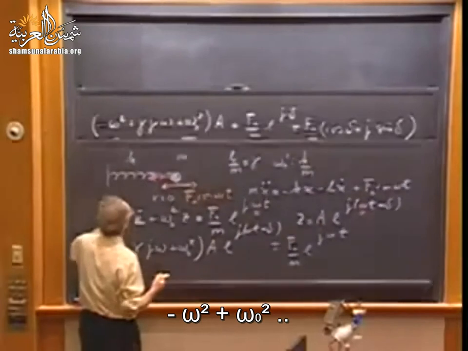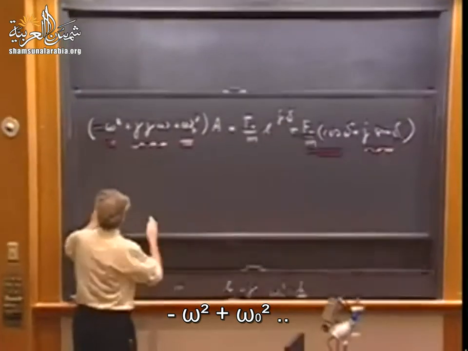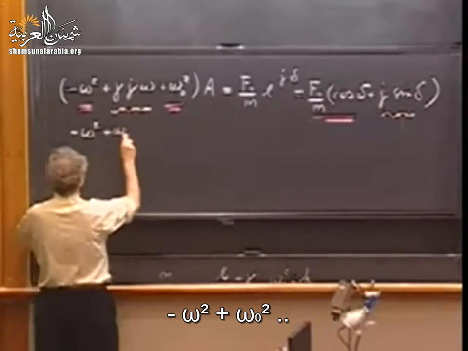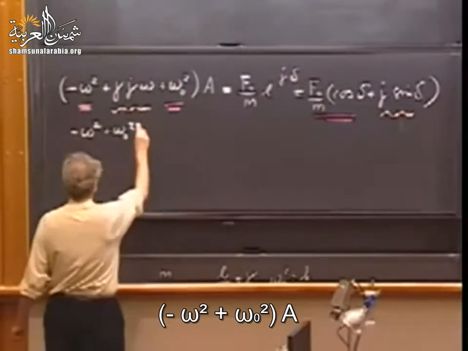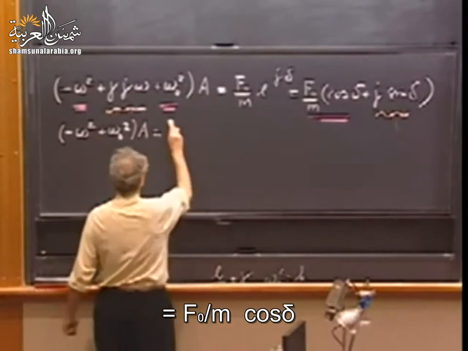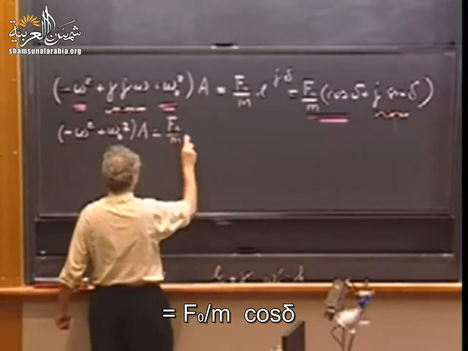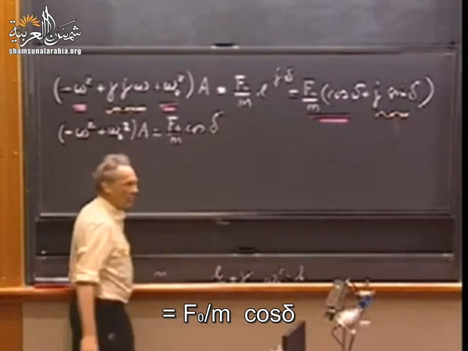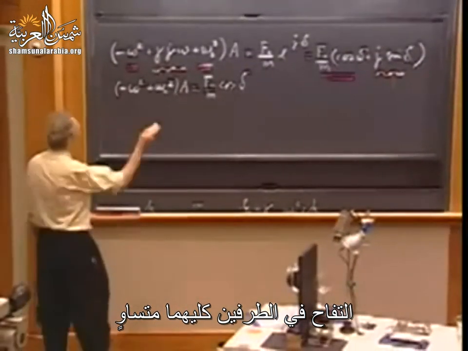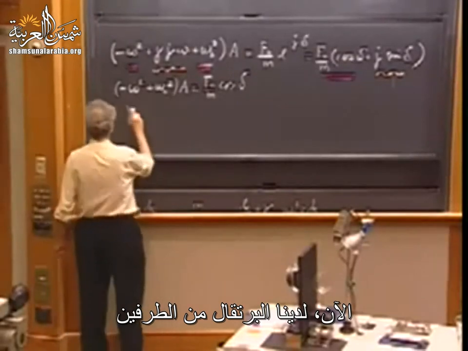So we now get that minus omega squared plus omega 0 squared times A must be equal to f0 divided by m times the cosine of delta. Apples on both sides are equal, and now we get the oranges on both sides.